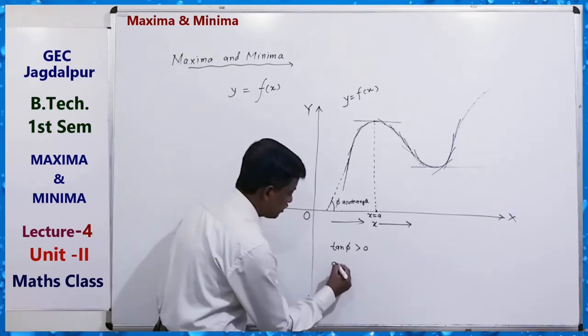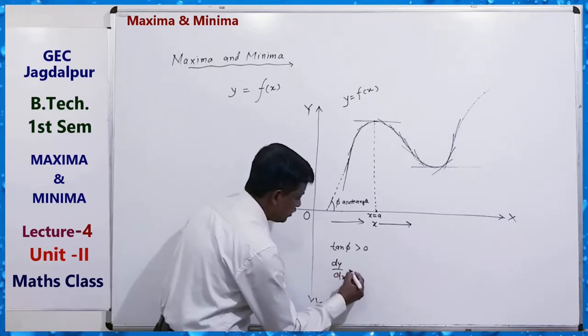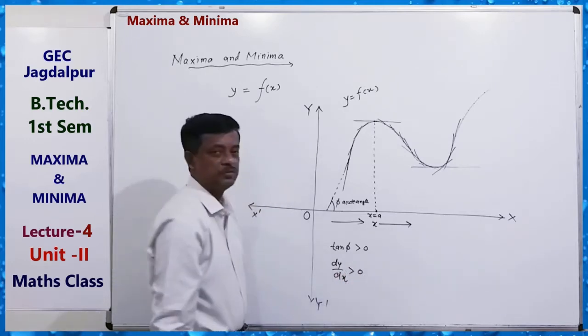Slope tan phi greater than 0 means the derivative is greater than 0.